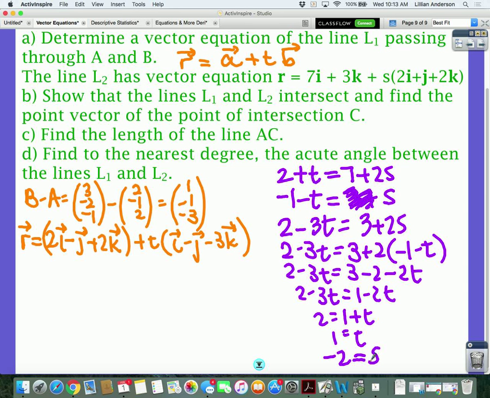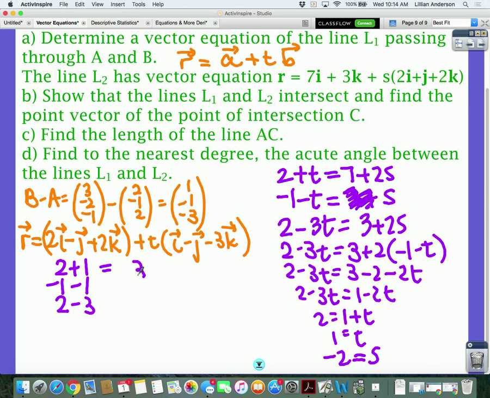To find the actual point of intersection, you have to plug either of your parameters into one of your equations. Since I have the space here, I'm going to use 1 for t. So for my x coordinate, that's 2 plus 1, then negative 1 minus 1, and 2 minus 3.